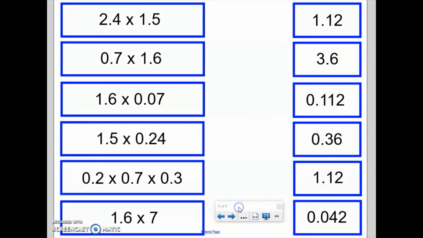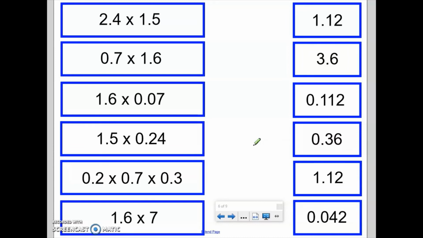Okay, so now it's your turn to have a go at a few questions. Here is a task for you to have a go at. On the left-hand side of the screen, I've put 6 multiplication questions, and on the right-hand side of the screen, I've put 6 answers to those calculations. What I would like you to do is work out each question, showing me your full working out, showing me your full method.